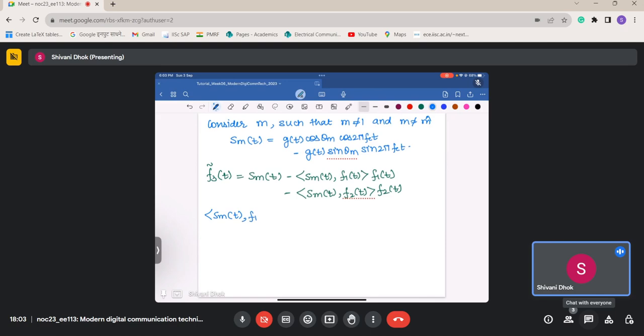Okay. So now let us try to find SMt inner product with f1t. So this is equal to the integral 0 to T. SMt is this quantity, that is gt.